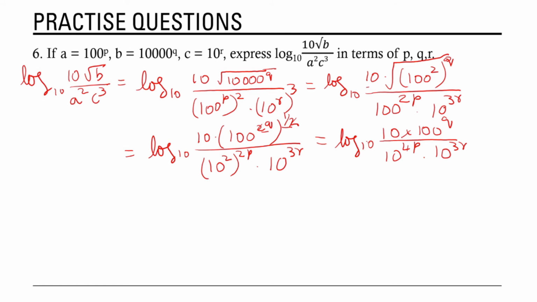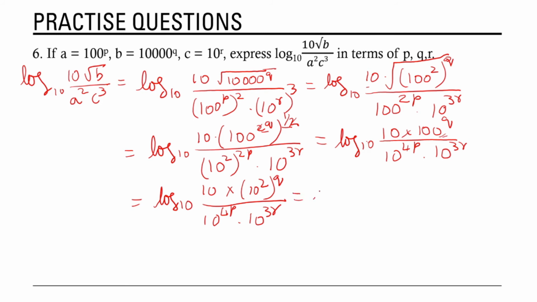So, everywhere we are having the form of 10 raised to some index except for this 100 raised to q. We will change that one also. So, this is equal to log of 10 into 100 is 10 square the whole raised to q divided by 10 raised to 4p into 10 raised to 3r.